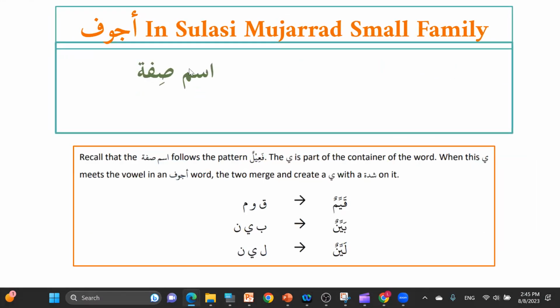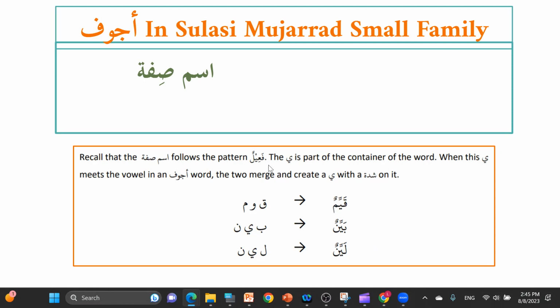Now ism sifa. You know that ism sifa follows the pattern of fa'ilun, right? So for qama yaqumu, the root letters are qaf, waw, and mim, so it becomes qayyimun.